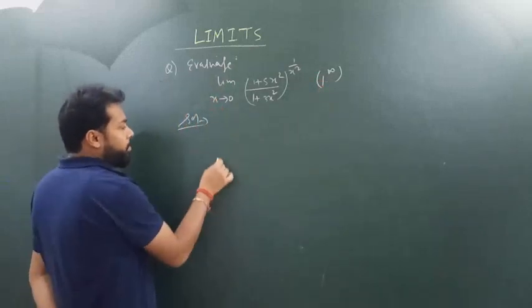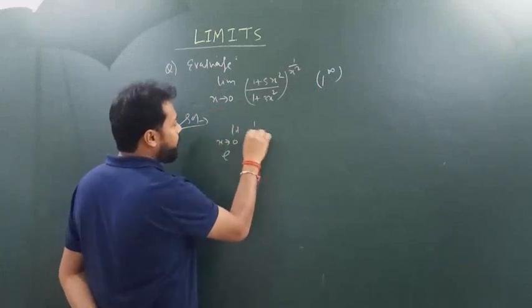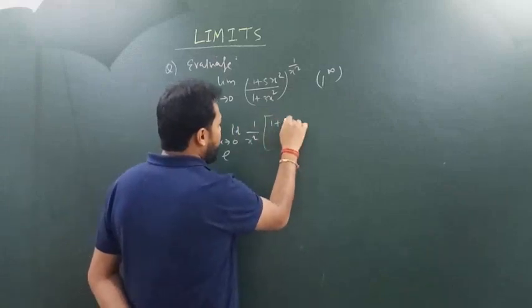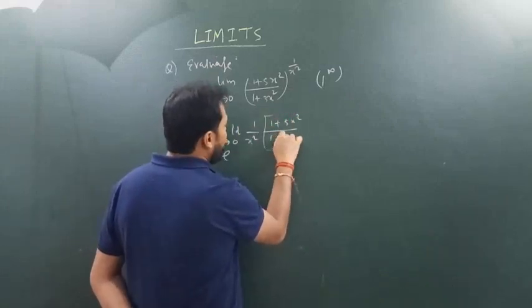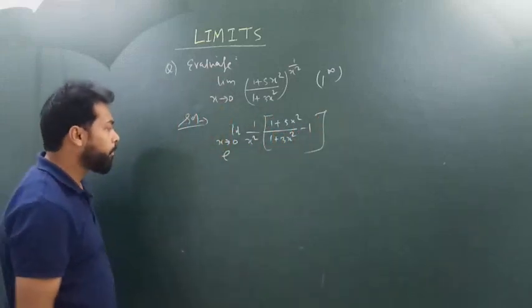So what is the answer of this form? e power limit x tends to 0, (1/x²) times ((1 + 5x²)/(1 + 3x²) - 1). This is the formula.